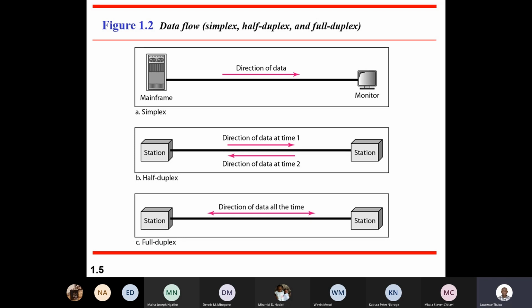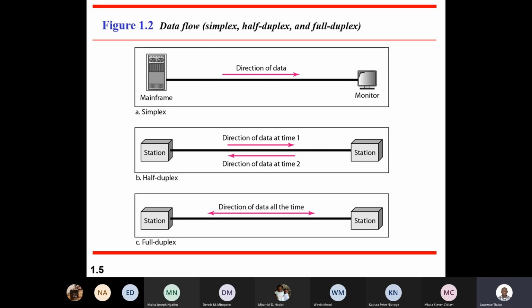It receives, it processes the data, and then it gives back maybe a feedback. That's why you're talking about the direction of data at one time, meaning it moves from station one to the other station. It's processed, and then from the second station to the first station it moves at a different time.